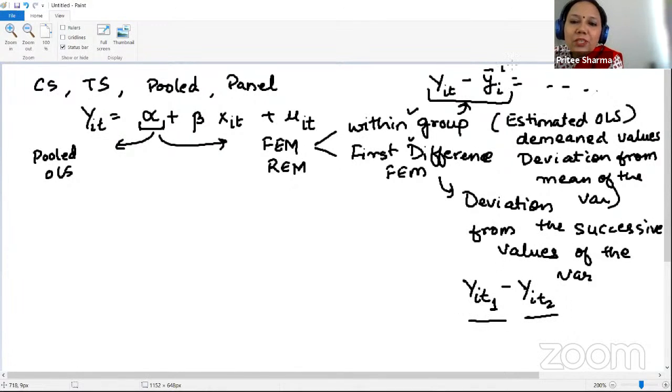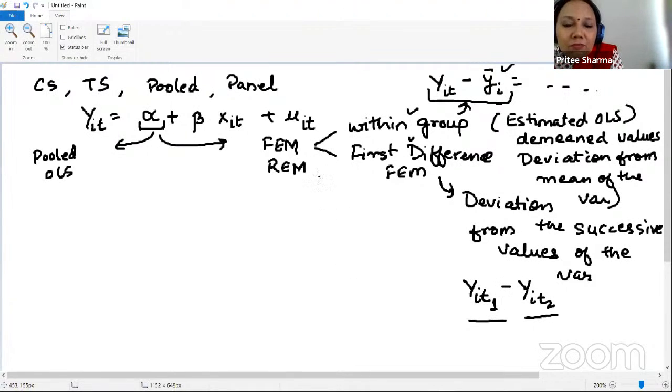What did we do earlier? We estimated the deviation from the mean of that variable, this is the mean, right? In case of first differencing, we are going to do the deviation from the successive value. Is that clear? So this is also a kind of fixed effect estimation.